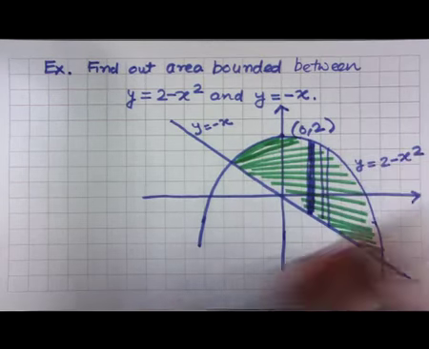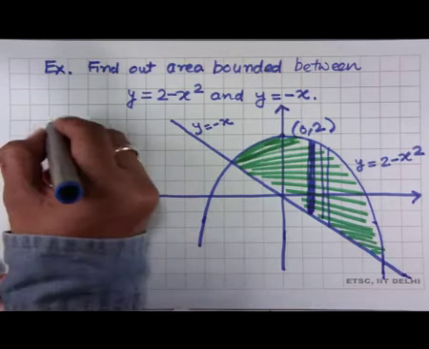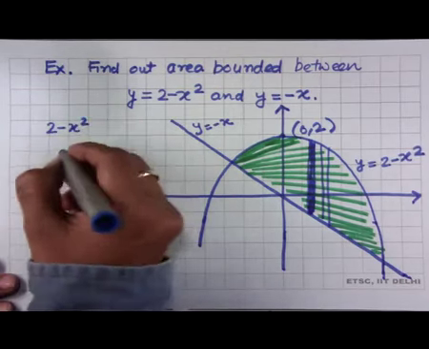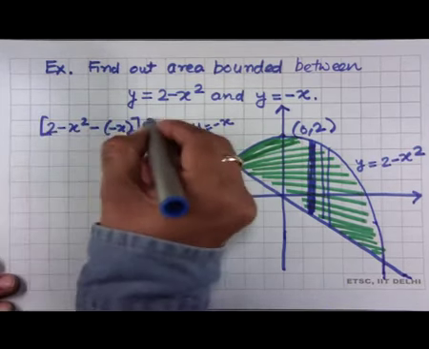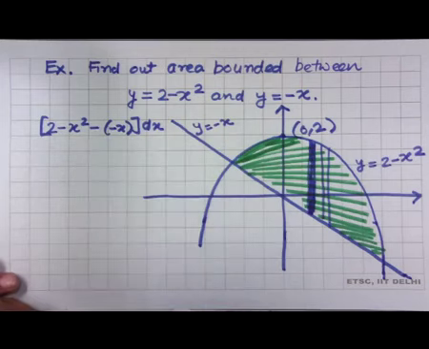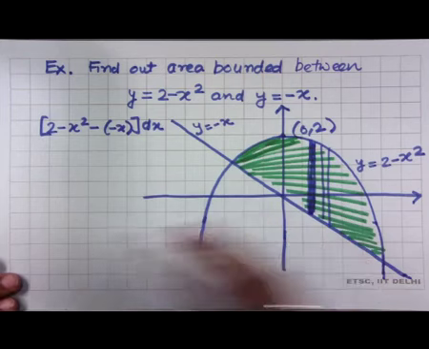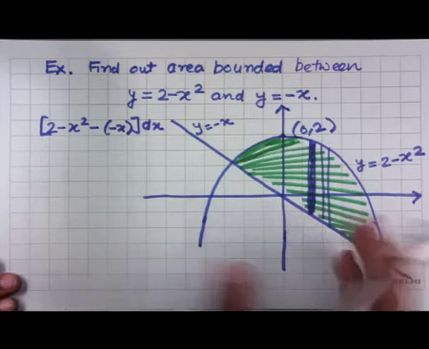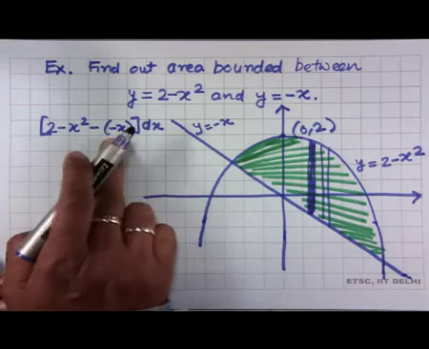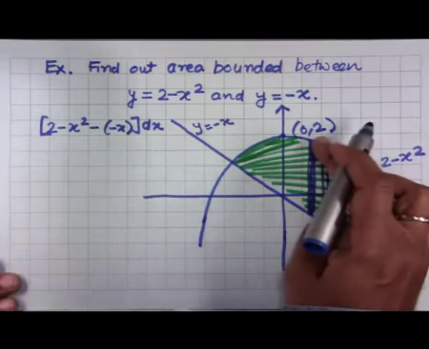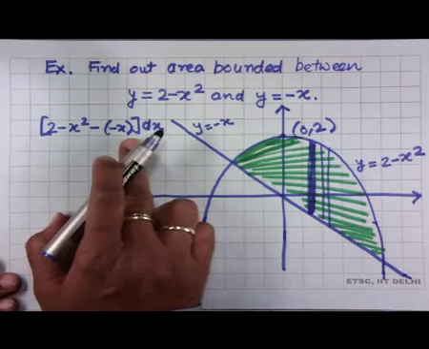So, this elementary area will be 2 minus x square minus of minus x into dx, fx minus gx into dx. You remember the formula where we have taken two curves fx, gx such that fx dominates gx and the area bounded between them. Try to recall. So, we got fx minus gx into dx. So, fx is 2 minus x square, gx is minus x. So, we got this. This is your elementary area.